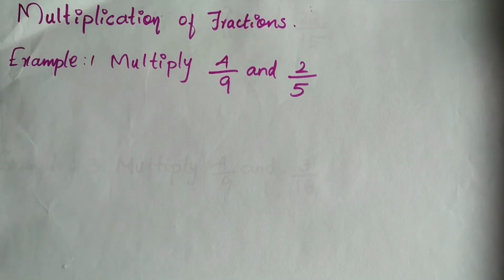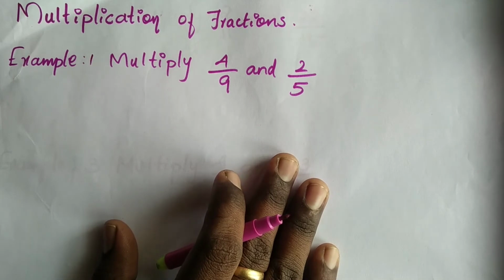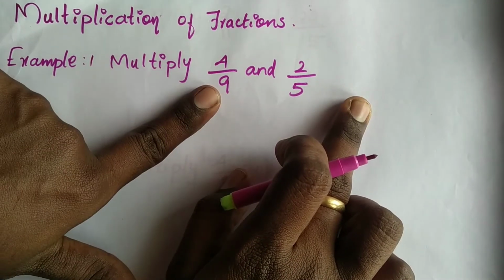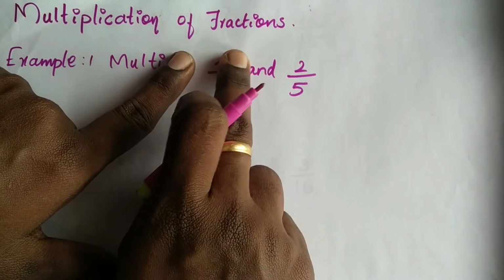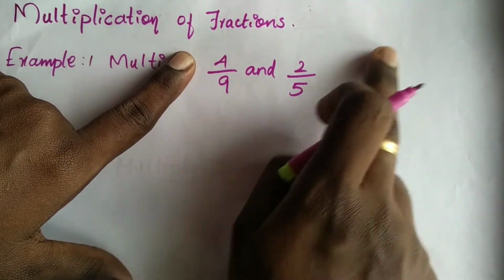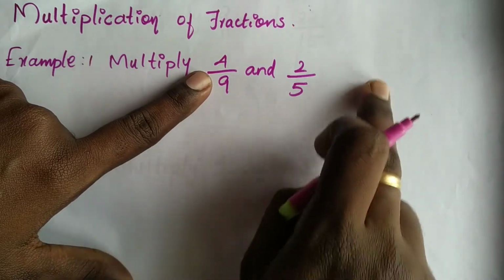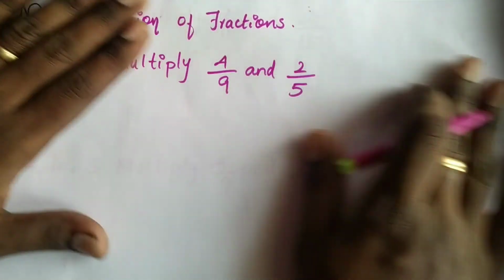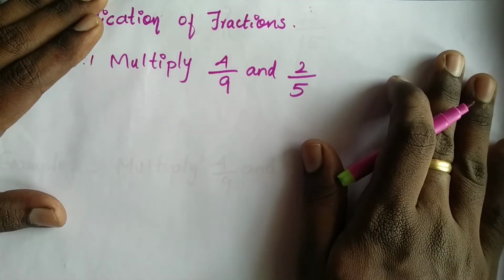Multiply 4 by 9 and 2 by 5. Move on to the solution. I already informed you that if you want to multiply two fractions, first multiply the numerators to get a new numerator, multiply the denominators to get a new denominator, then reduce the fraction to the lowest term as much as possible.